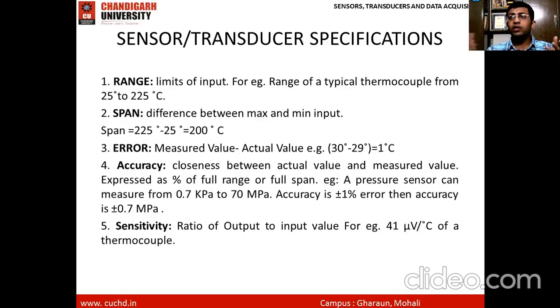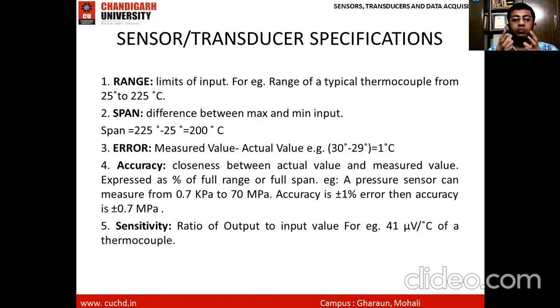In any project where you want to design a mechatronic system, you require sensors: motion sensors, Bluetooth sensors, IR sensors, touch sensors, proximity sensors. So you need to have the knowledge of specifications first. I'll start with the specifications now. First is range. Range, as you know, defines the limits of input.